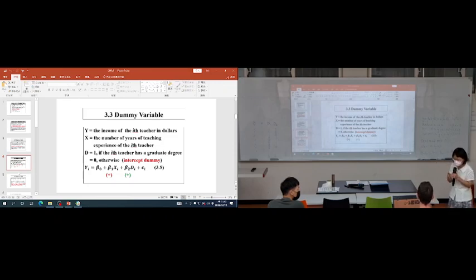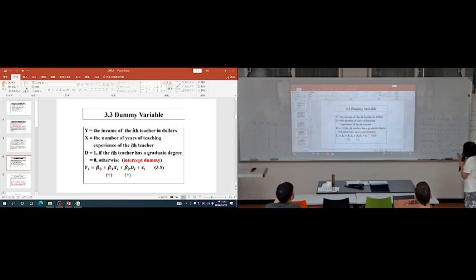In this chapter, they just introduce intercept dummy. There's one called slope dummy, so we'll talk about that in maybe chapter 6 or chapter 7. That means the dummy will also affect the slope, which is what we call a slope dummy. Now, this dummy doesn't affect the slope, right? They affect the intercept only. They all have the same slope, so the dummy doesn't affect the value of the slope.